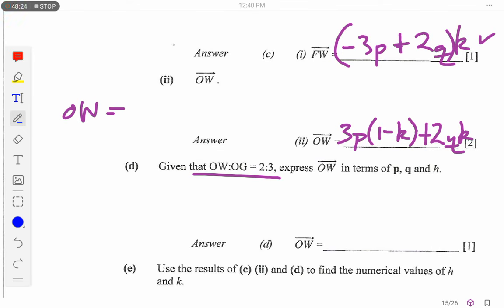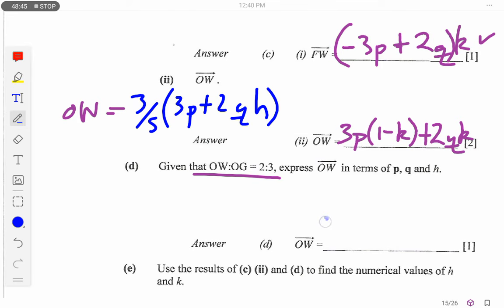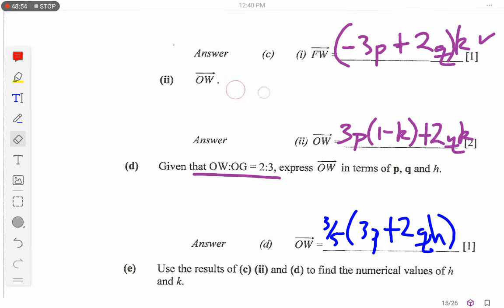So our OW is equal to 3/5 of 3P plus 6Q. Okay, like that. Let's move on to the next question.